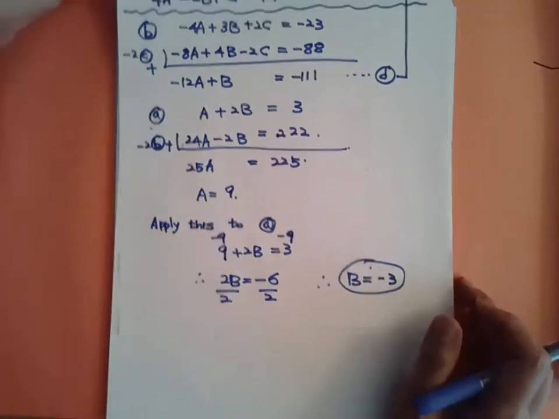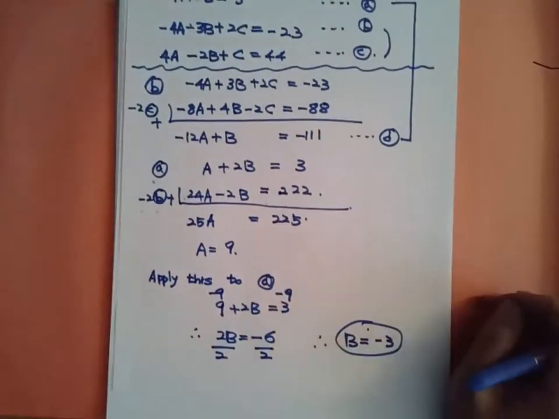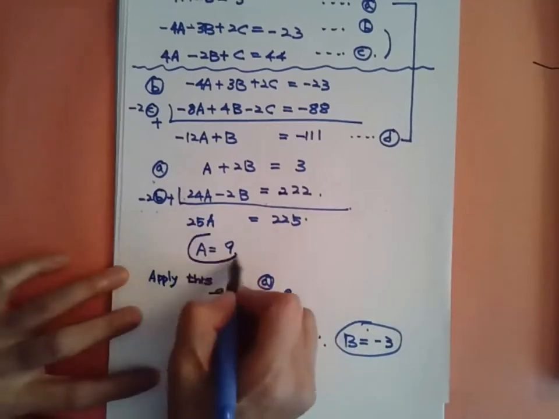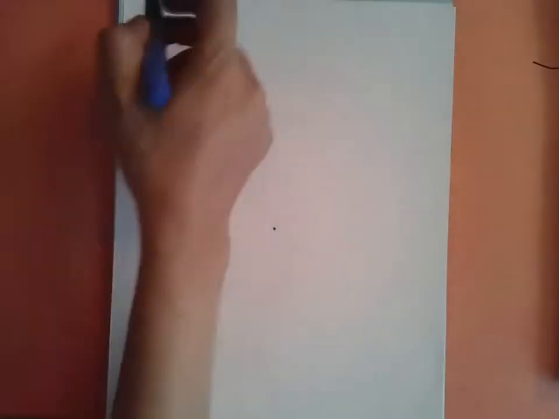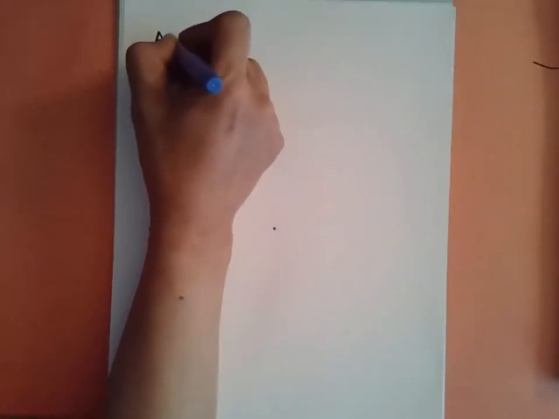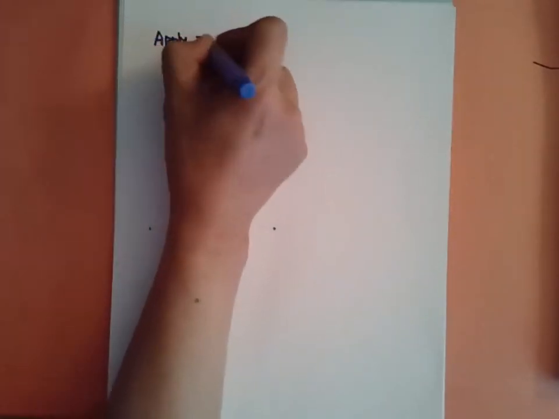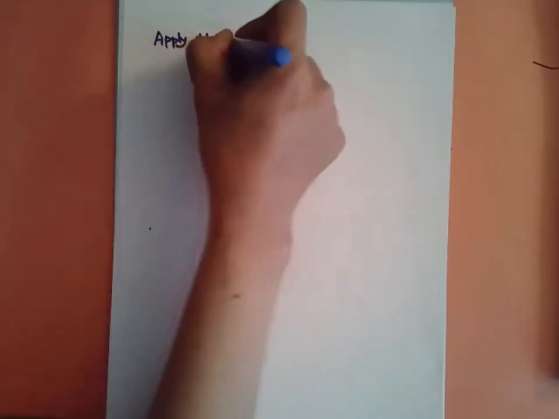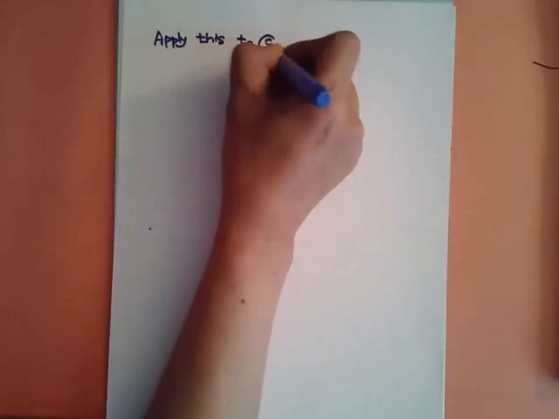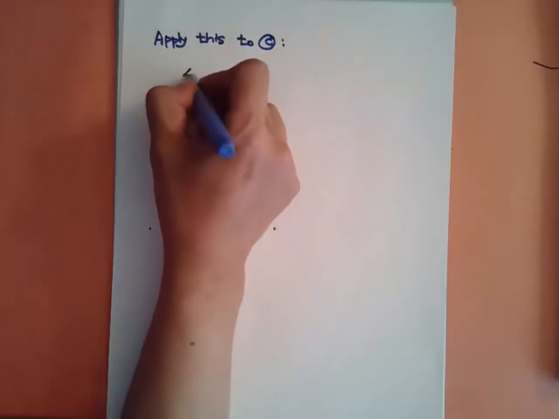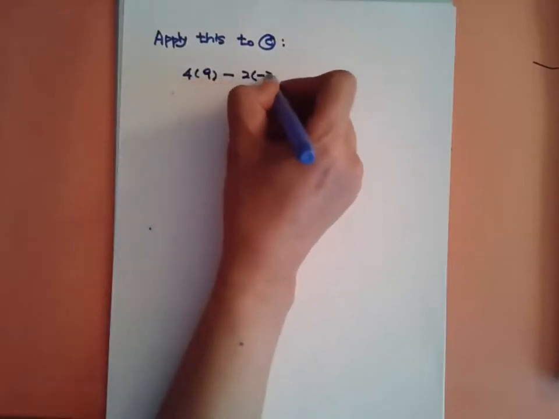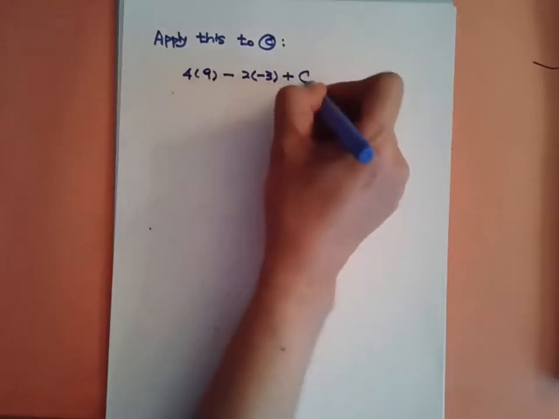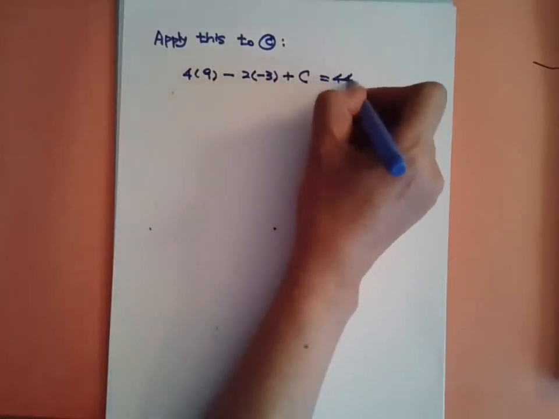And then we got a and b, so we apply this to C. That is 4 times 9 minus 2 times minus 3 plus c equals 44.